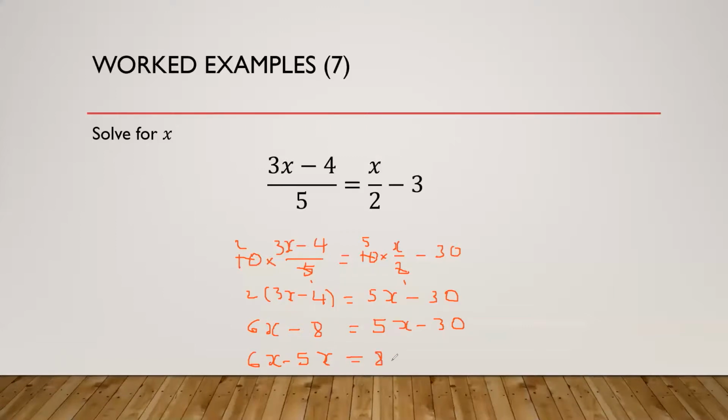So now we've got 8 minus 30. All right, so I'll move my calculations here where there's a bit more space. 6x minus 5x is x. So I've successfully isolated x. 8 minus 30 is minus 22. And that is the answer. That is the solution to my equation.